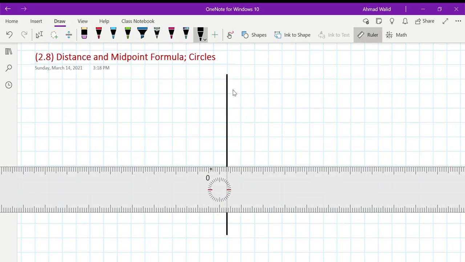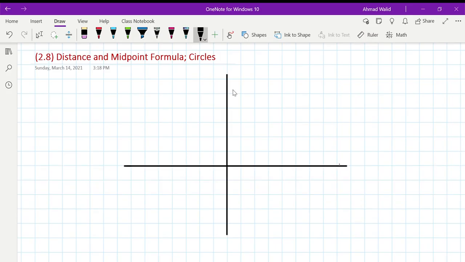And I'll draw the x-axis here, correct? This is your x-axis, this is your y-axis. Let's draw a line that passes, for example, through the center. Yeah, let's draw this line.